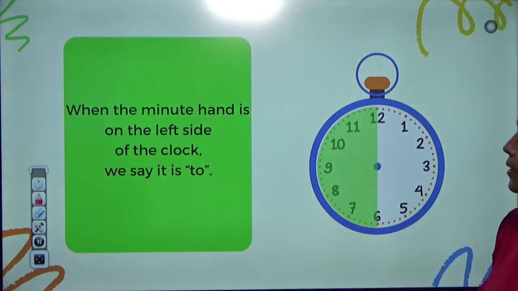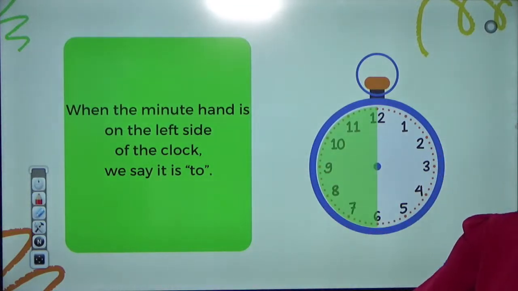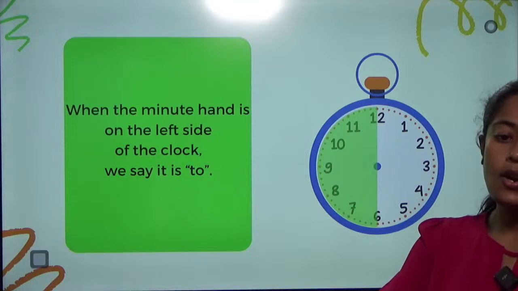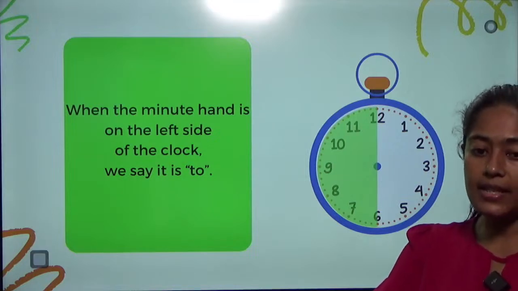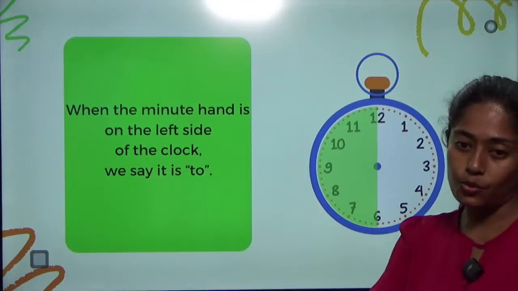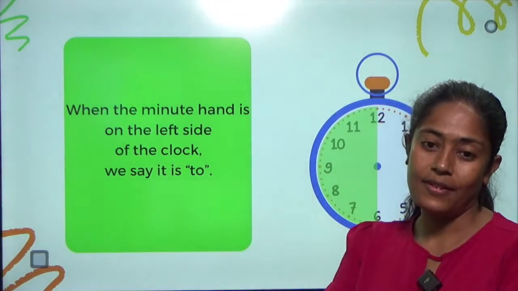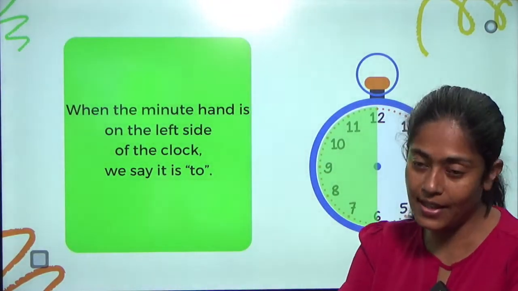Then when the minute hand goes to the other side, when the minute hand is on the left side of the clock, we say it is 22, that means 20 to 5, 30 to 5, then 10 to 5 like that.